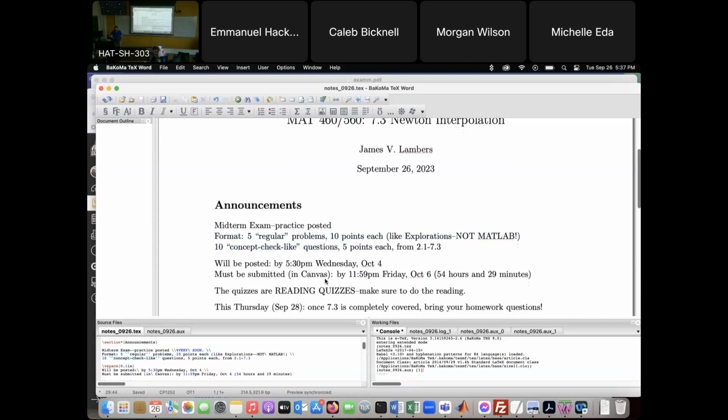Speaking of the concept checks or quizzes, they're meant to be based on the reading. And then oftentimes the answers are kind of given away there. So make sure to do that on each section that's covered. You know, it can be painful. Reading math generally is. Okay.